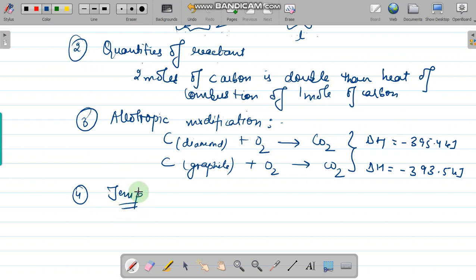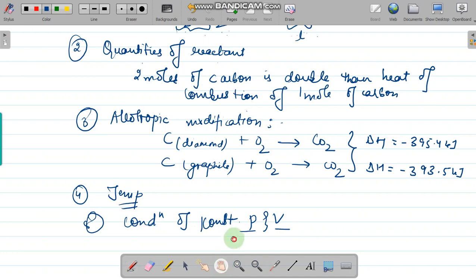Fourth factor is temperature. Enthalpy of reaction depends upon the temperature of the reactant and the product. Fifth is the condition of constant pressure and volume. Enthalpy of a reaction depends upon the condition of constant pressure and volume.